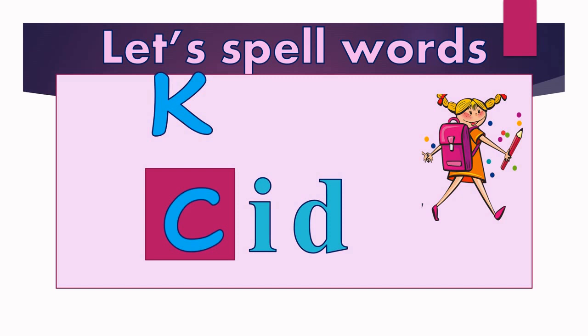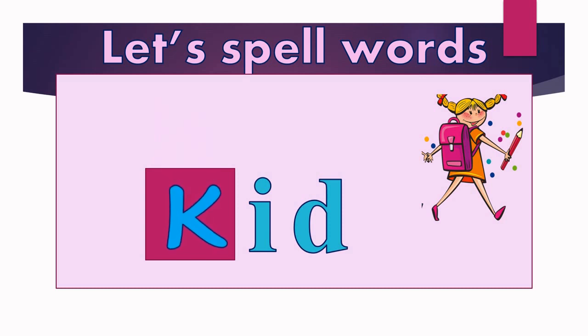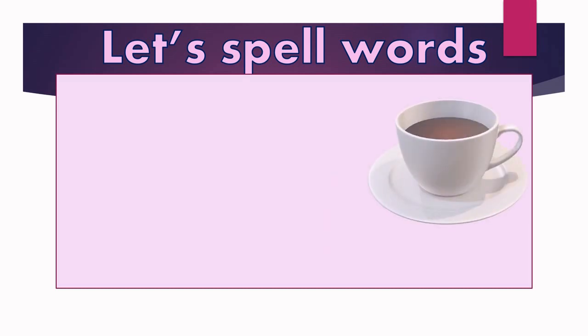If C is before I, then C sounds S. S, it. But not kid. So remove C and let's get K here. Now read it. K before I sounds K. So what does K say if K comes before I? K. Good. K-I-D. Kid. Good job. Now move to the next one.